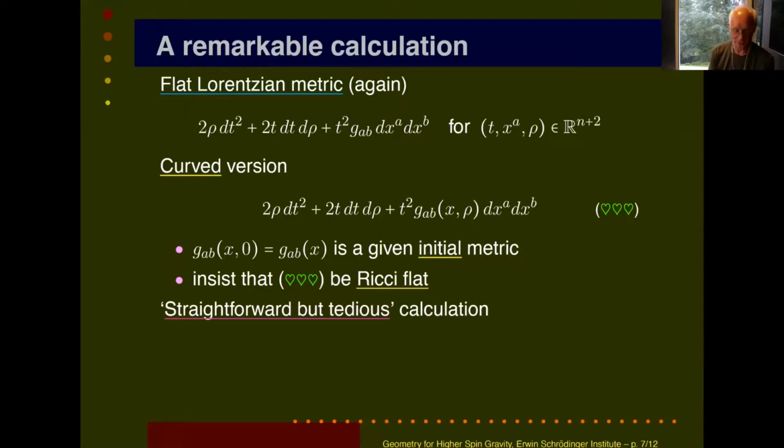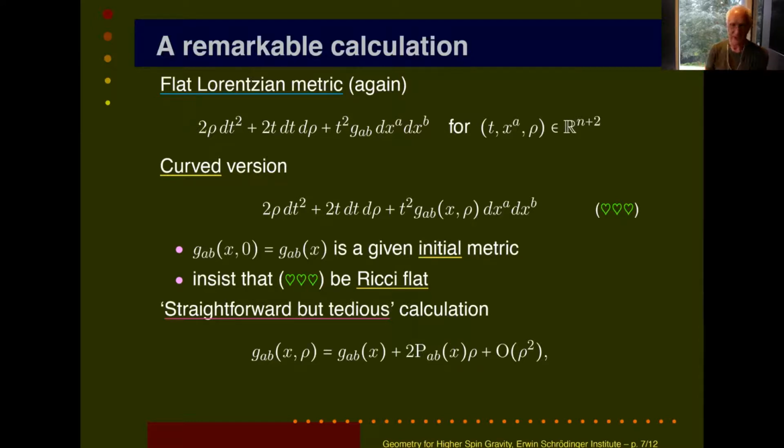So you do your straightforward but tedious calculation, and you find that necessarily this metric as a function of rho has a really nice, easy to interpret tensor at first order. What I'm doing here is expanding this as a power series in rho to see what happens.